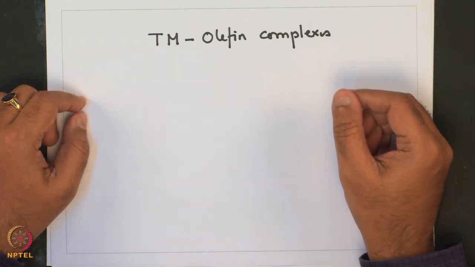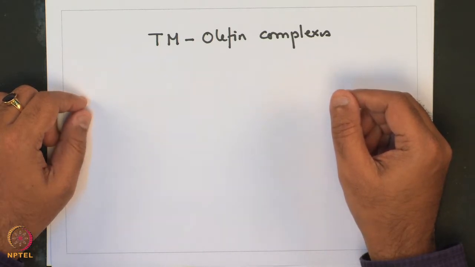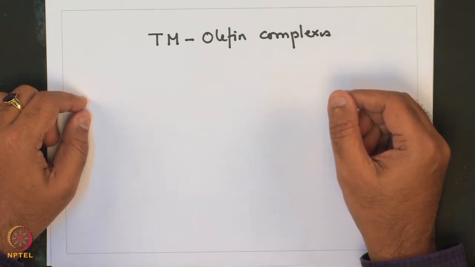These complexes are important catalytically, and they were also among the first to be synthesized, starting with the Zeise's salt way back in 1827, and subsequently some more transition metal olefin complexes were synthesized.